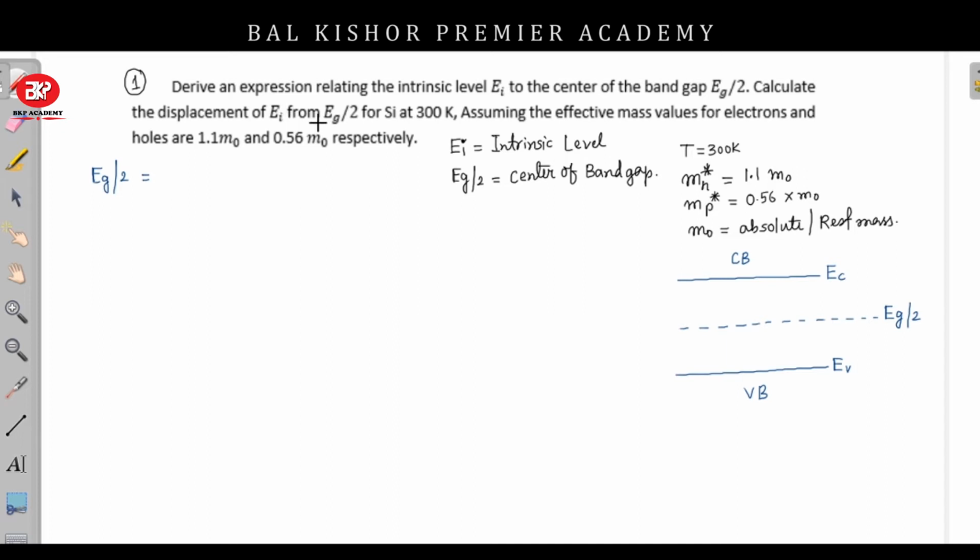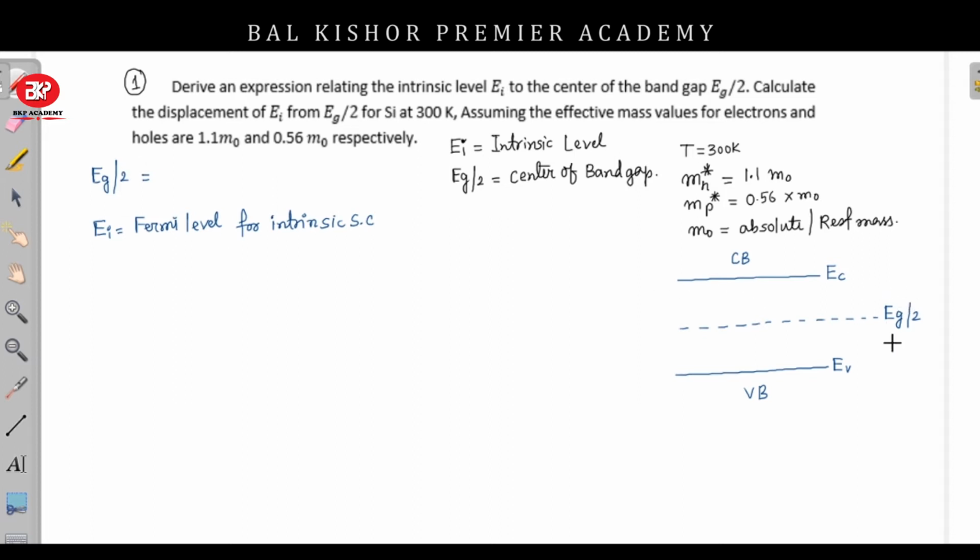So what is the intrinsic level? The intrinsic level means Ei. Ei is nothing but the Fermi level, or Fermi energy level, for an intrinsic semiconductor. So the Fermi level of the intrinsic semiconductor is Ei, and Eg/2 is the center of the band gap.